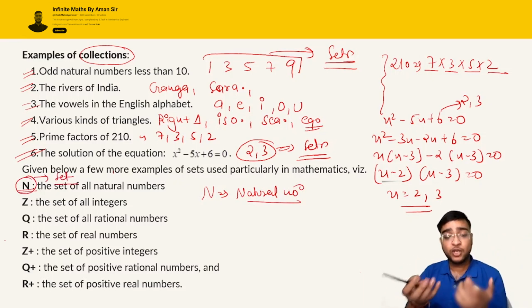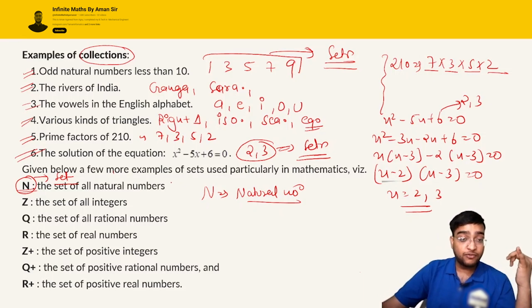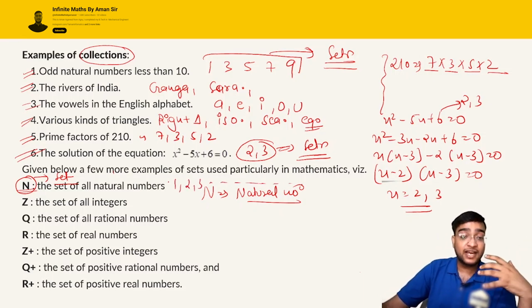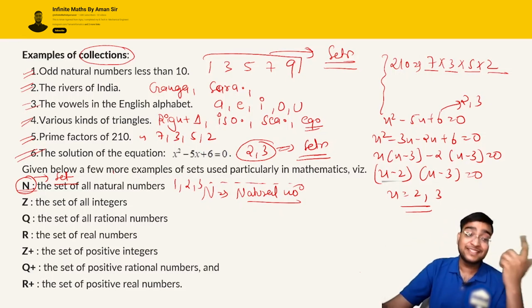N is also a set because it has a well-defined property. The natural numbers start from 1, so that is 1, 2, 3, and so on. This collection of numbers is a set.